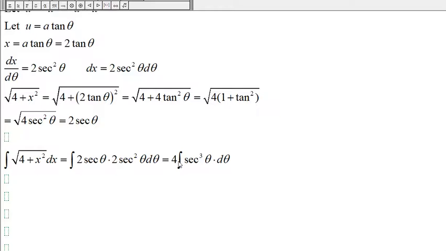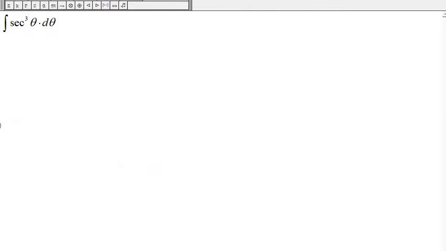And now we need to find the integral of secant to the third. For this integral, we will use integration by parts. Integration by parts is the integral of u dv, which is equal to uv minus the integral of v du.